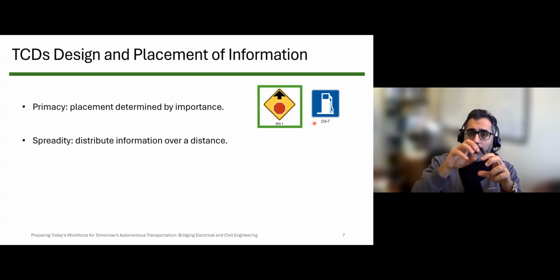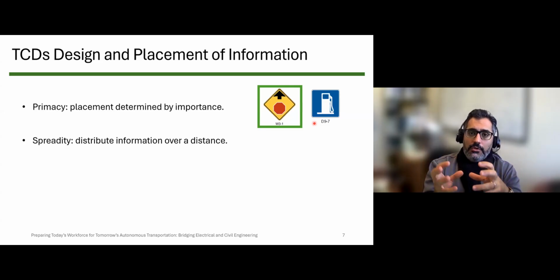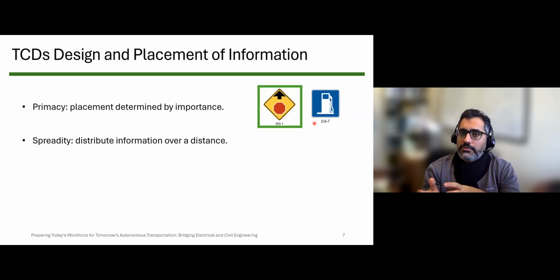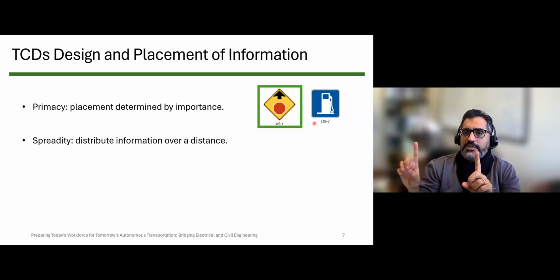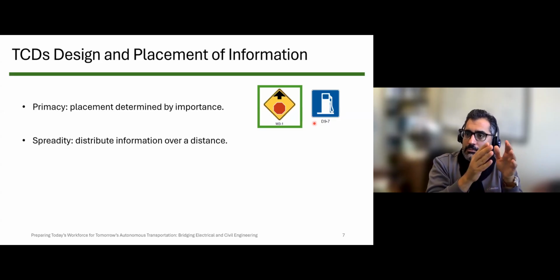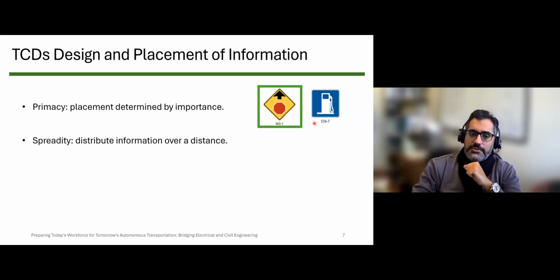Now, if you have multiple signs, a wide array of information all located on one single spot, that would make it more difficult for drivers to perceive and to react. So what we do here is spread the information, just like the one that we have in that primacy. I will separate the information throughout the distance with the most important ones starting first.